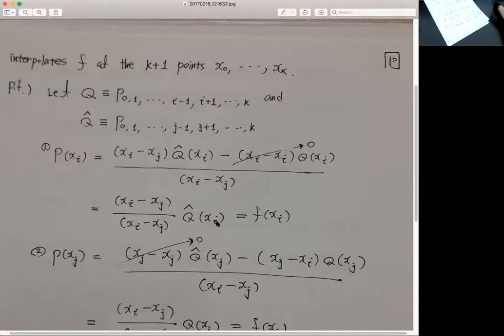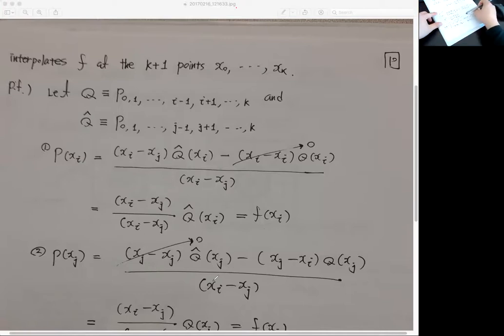To do that, we first construct Q and Q hat, and then show that P of xi is equal to f of xi, P of xj is equal to f of xj, and P of x is equal to f of x where x is x0 through xk.